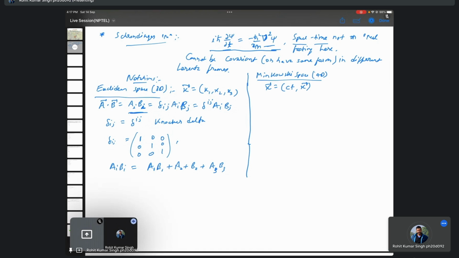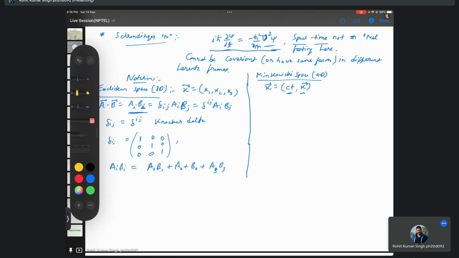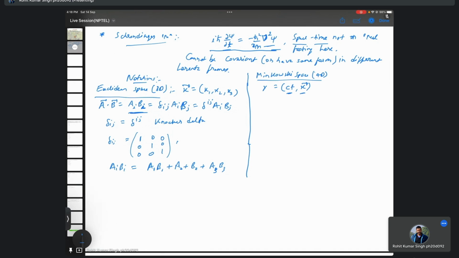Its first component is time, and then the other three components are just the spatial vector x. It is denoted by x mu instead of simply x.